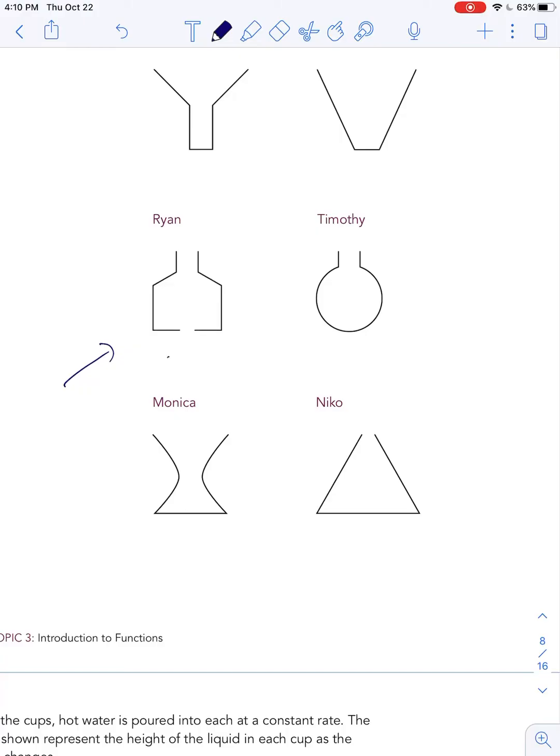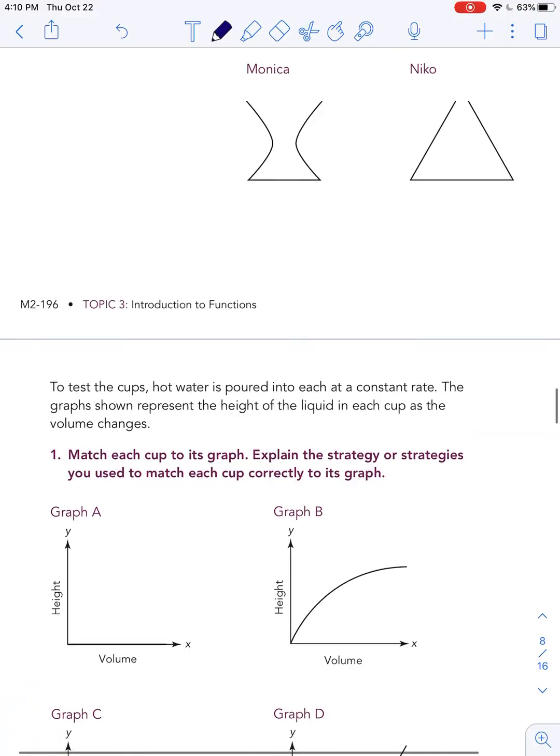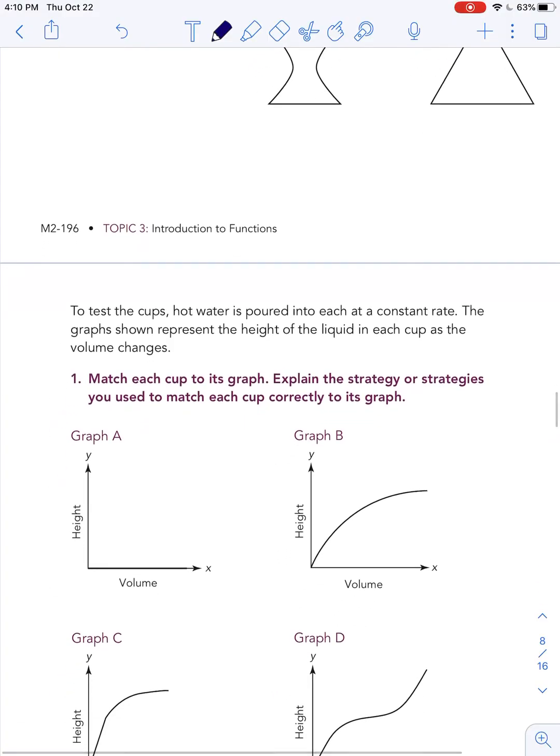If it's a cup, I think you would be draining stuff out. Sorry. Okay, so let's look at this. It says to test the cups, hot water is poured into each at a constant rate. The graphs represent the height of the liquid in each cup as the volume changes.